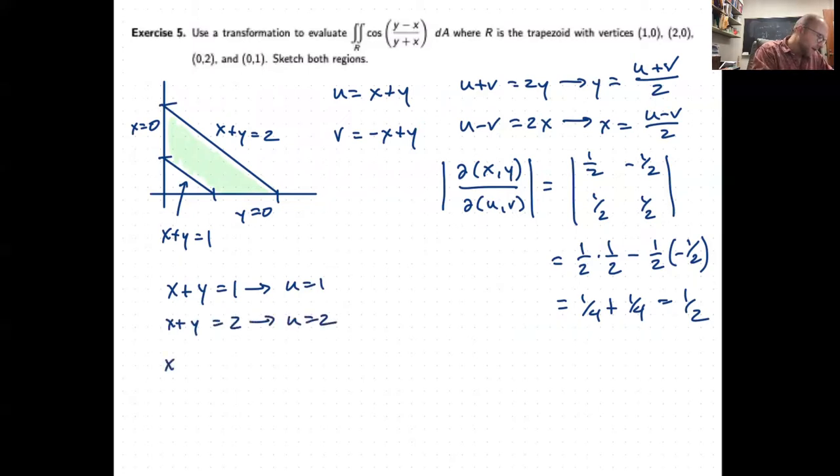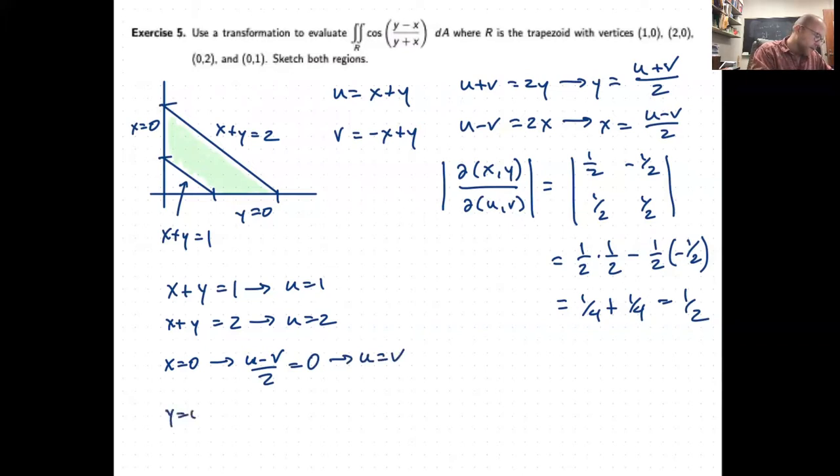And then the x equals 0, well, that's going to be, oops, I lost my place. That's going to be u minus v over 2 equals 0, but that's just u equals v, right?